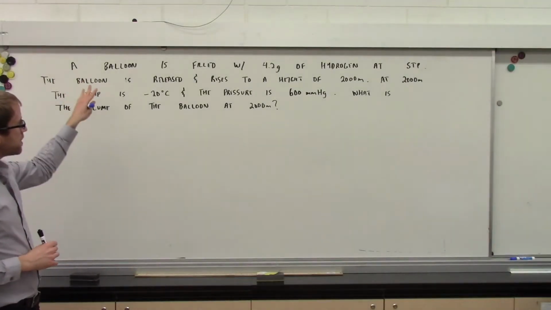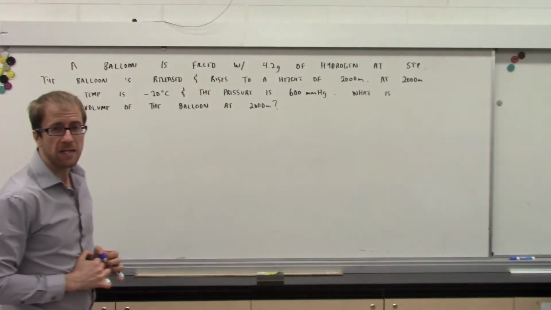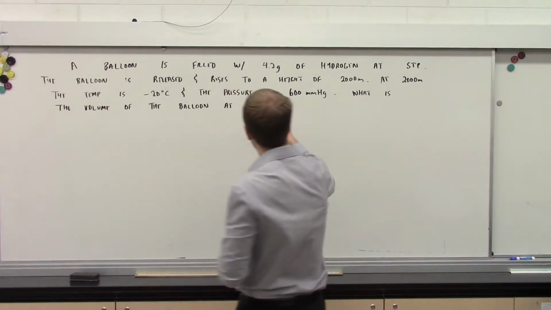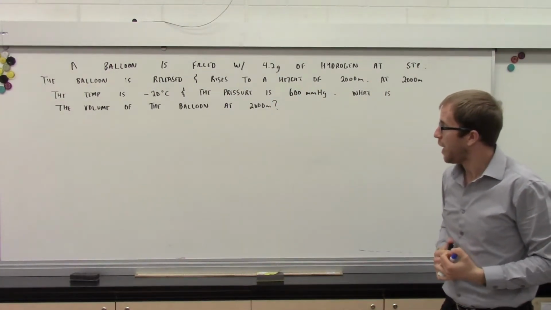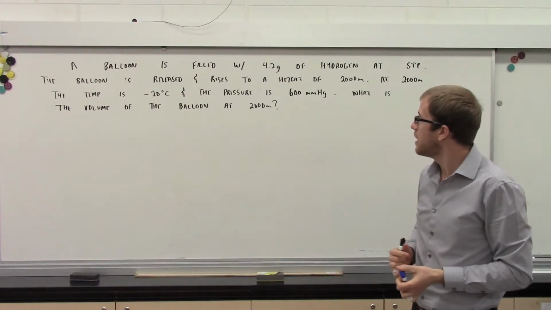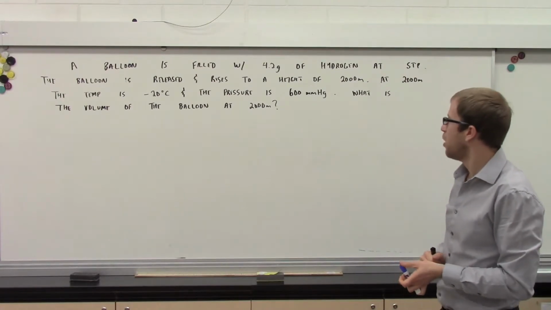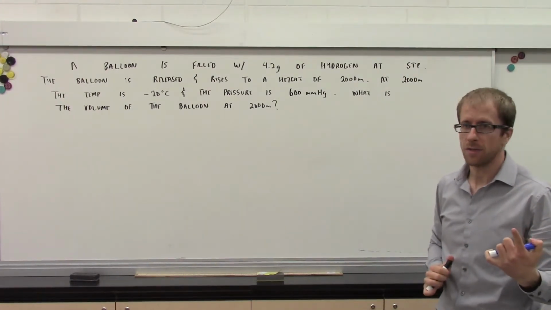Okay, so a balloon is filled with 4.2 grams of hydrogen at standard temperature and pressure. The balloon is released and rises to a height of 2,000 meters. At 2,000 meters, the temperature is negative 20 degrees Celsius and the pressure is 600 millimeters of mercury. What is the volume of the balloon at 2,000 meters?